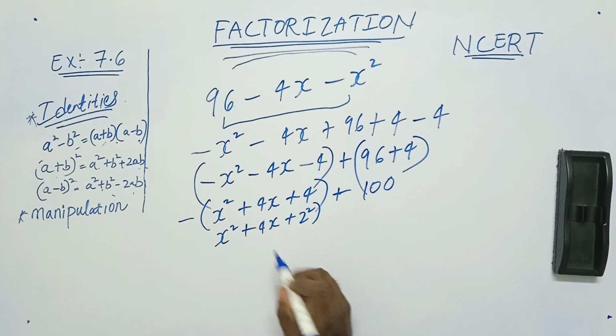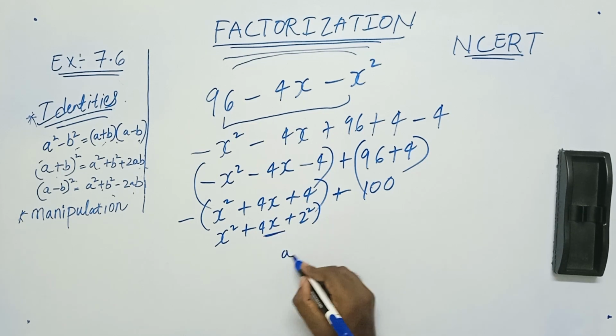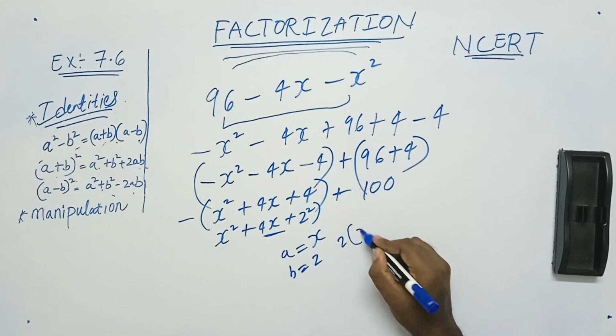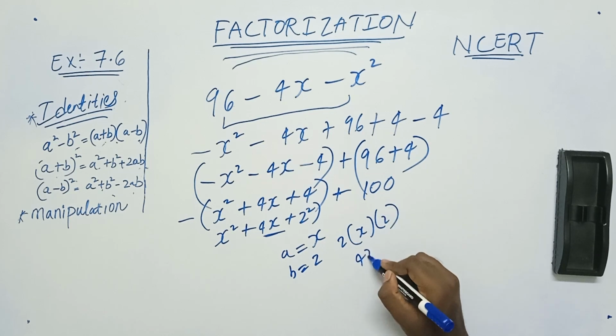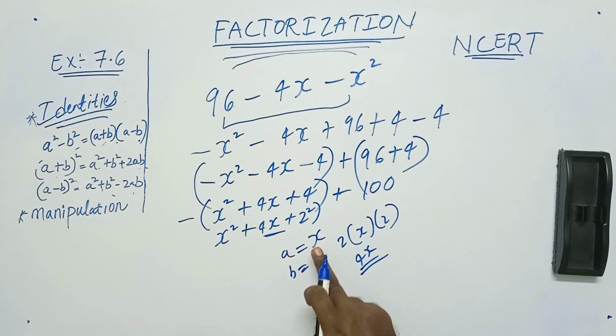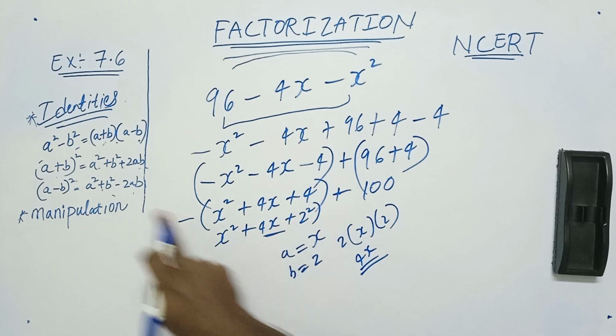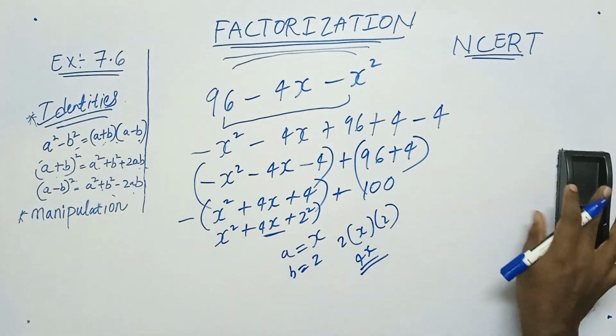To check the middle term 4x, if you take a as x and b as 2, then 2 times x times 2 is 4x. That means the ab values are correct, and the expression resembles a square plus b square plus 2ab.